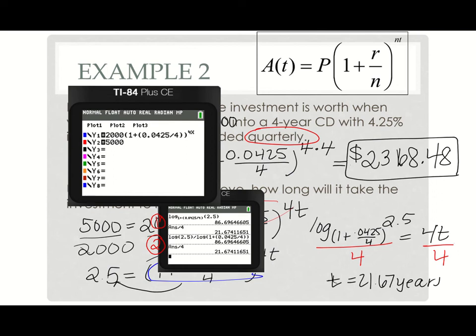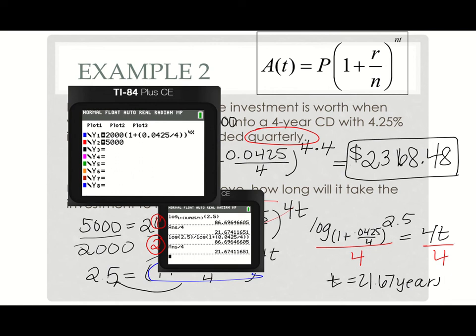When I graph, I'm going to have to adjust my window. If I'm in my standard view or whatever I'm in, and this is going up to 5,000, I can't see that on my standard window. So I want to adjust my window. My y values are going up to 5,000, so I want something above that, and I always want to adjust my x max.